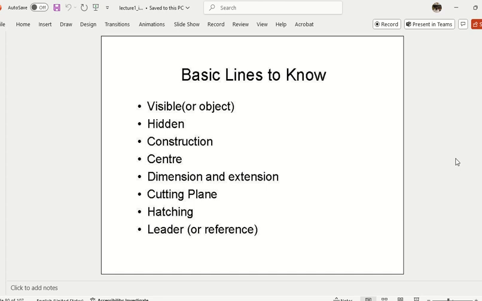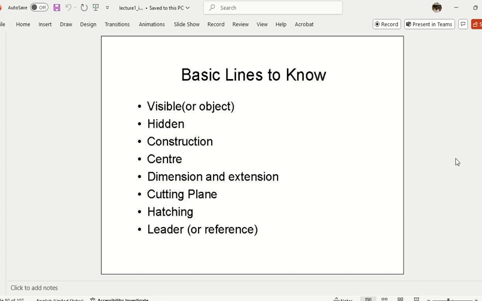Got it? Whenever you show the dimension of an object, whenever you show the size of an object, you have to use extension and dimension lines both. The extension line will show the boundary. The size is from here to here.